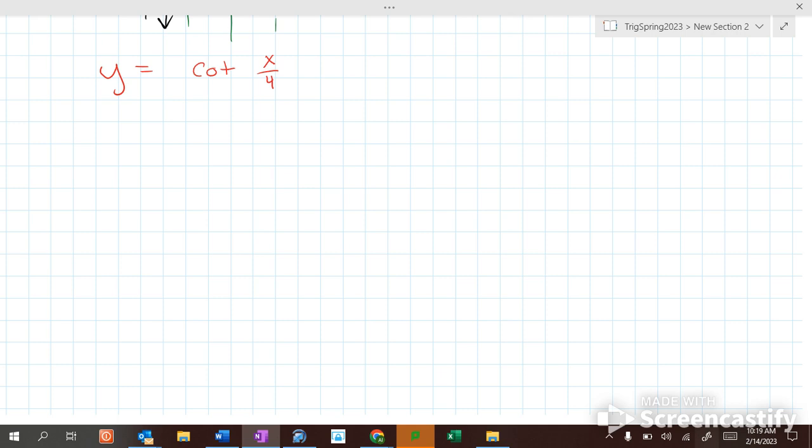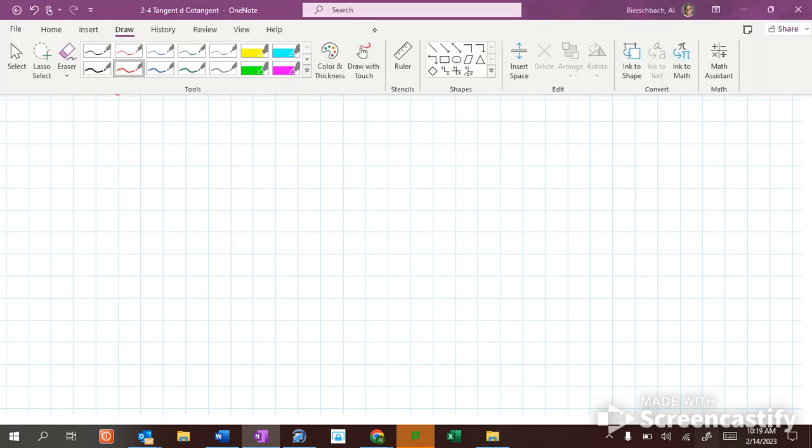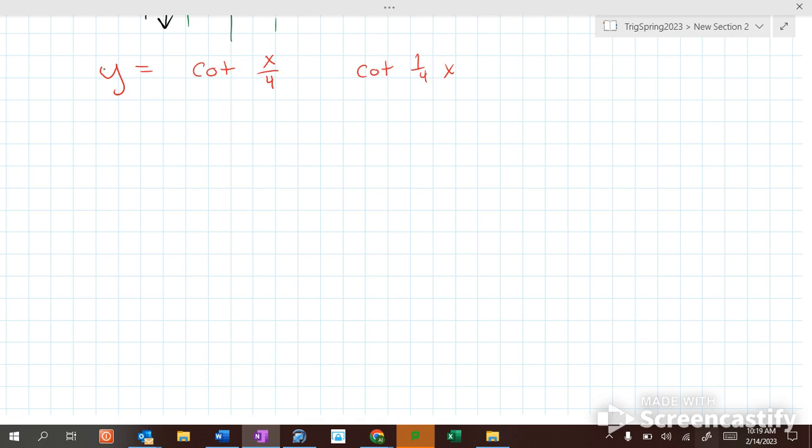I don't need to totally confuse you. Okay. Cotangent of x over 4 means the same as the cotangent of 1/4 x. What is 1/4 x going to do to the graph? Stretch it way out. Like a lot. Like how many times out? 4 times out. Okay.